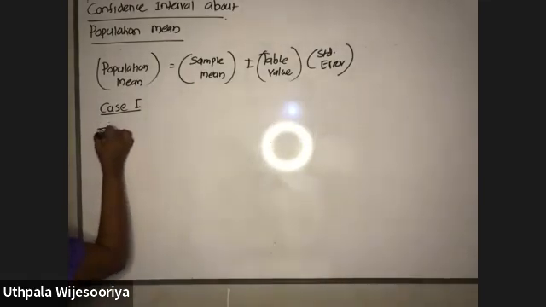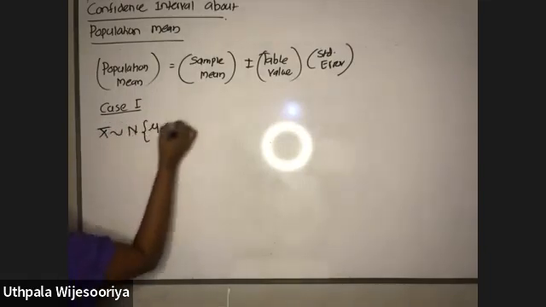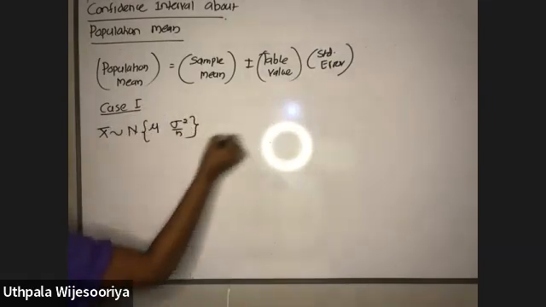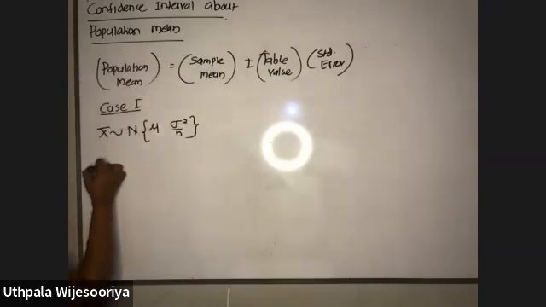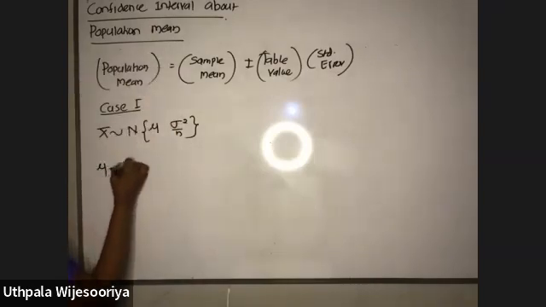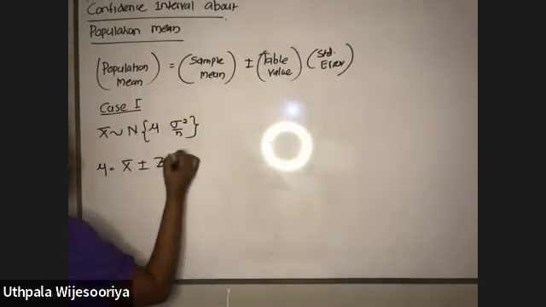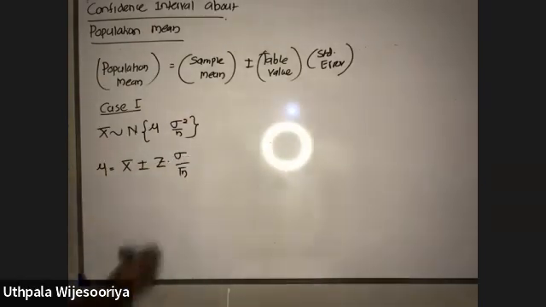The sampling distribution of sample means is normally distributed with population mean mu and what is your variance? Sigma square over n. According to that, what is your confidence interval formula? Mu is equal to x bar plus or minus z sigma over root n. Table value into standard error, where standard error is sigma over root n.